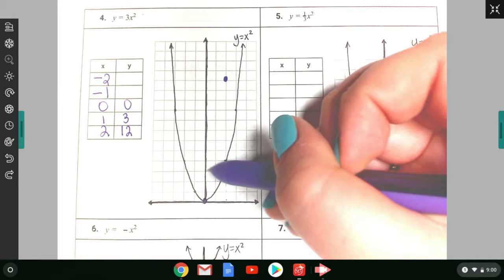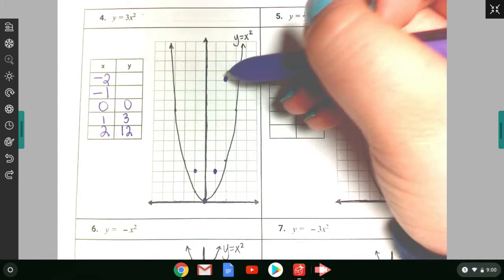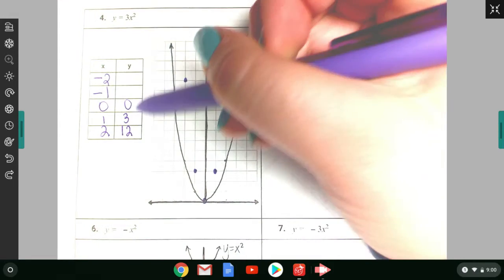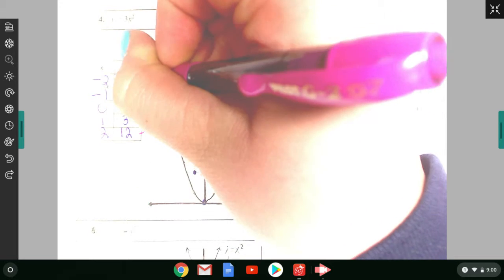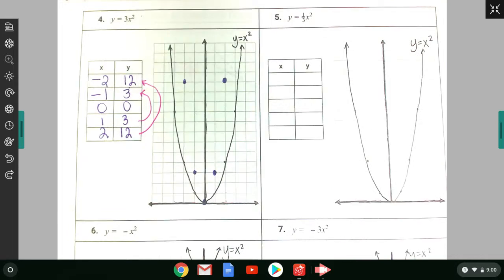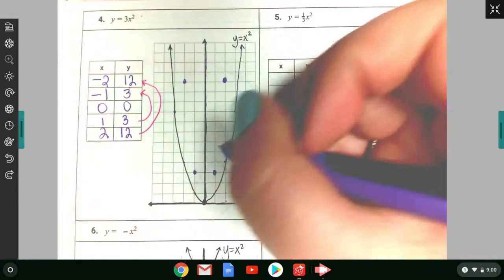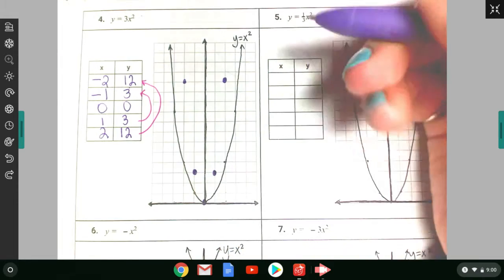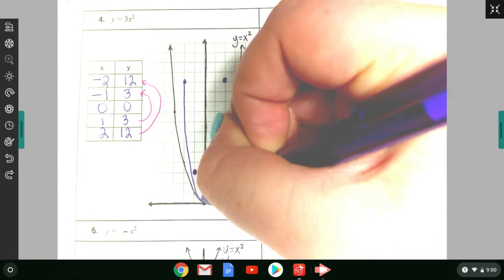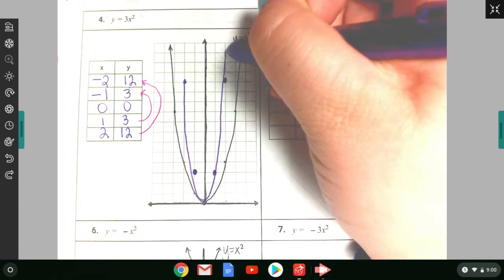So I know this point is also going to be over here on the other side of the line, and this point is going to be over here on the other side of the line. I got those because this 3 will be here as well, and here as well. So I know I can fill in a 3 and a 12 because of that reflection. You don't actually have to find that many points in your table, just be clever about them.